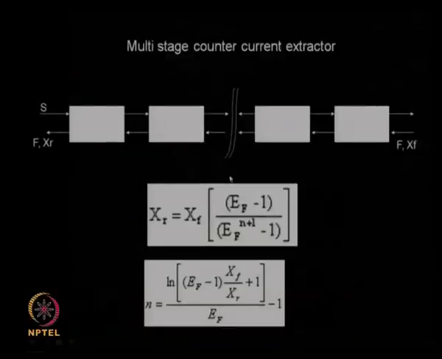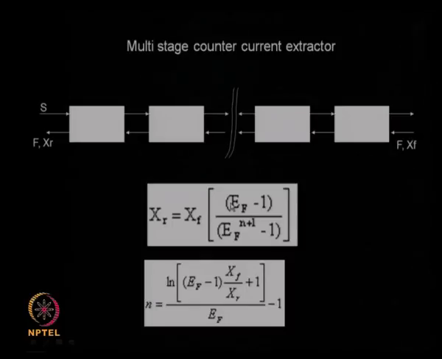So if you do that, you will end up with this type of equation where XR is the concentration of the solute that is leaving the end stages, and XF is your feed concentration. EF is your extraction efficiency, N is the number of stages.